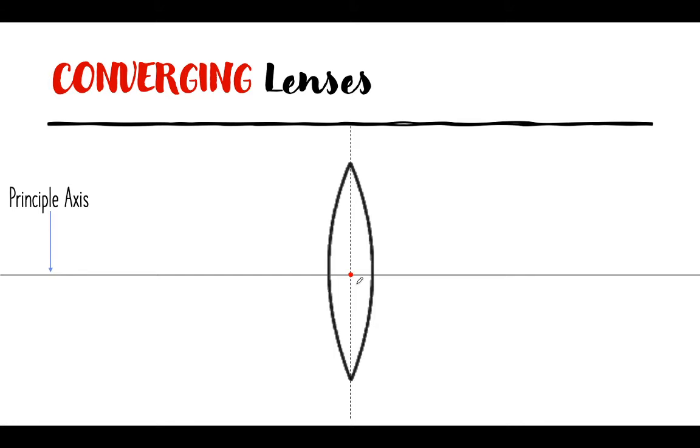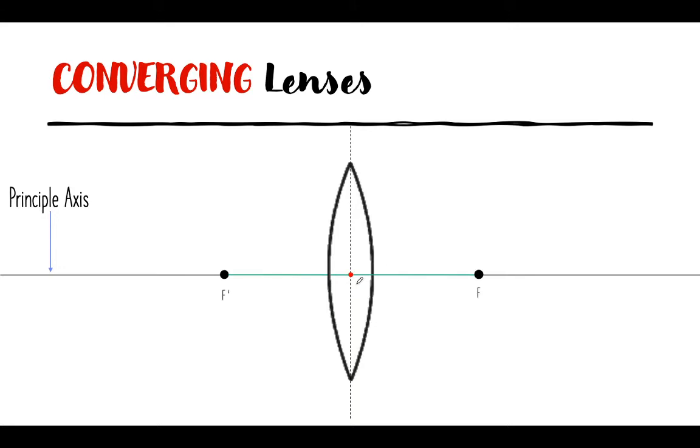Something else that we are going to take from our diagrams in mirrors is our focal length. A key difference between lenses and mirrors is that in mirrors, all of the diagram parts are towards one side or the other. That's because the light is reflected. It hits the mirror and then it's reflected back. In a lens, we've got two different sides: the side that the light is coming through and the side that the light is going into. So we have to reference the focal length on either side, and we do this using two different points.